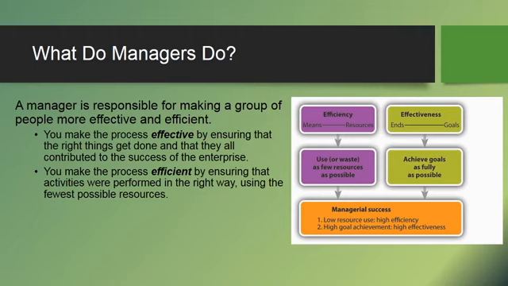So over here on the right, you'll see the efficiency in purple and effectiveness in green. And ultimately you can boil every management job down to: are you efficient, and are you getting the job done?